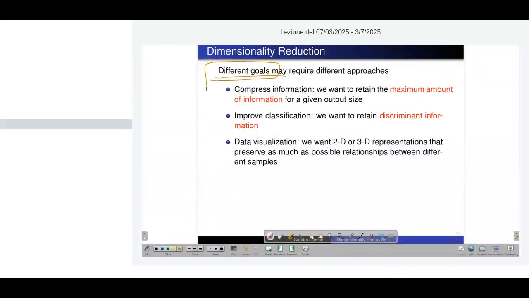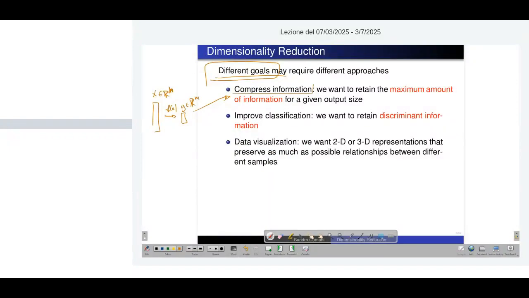What does it mean? For example, if we want to compress information, we said before, we have our input, let's call it X. Then this gets mapped to a small dimensional space, let's call it Y, and this is M.